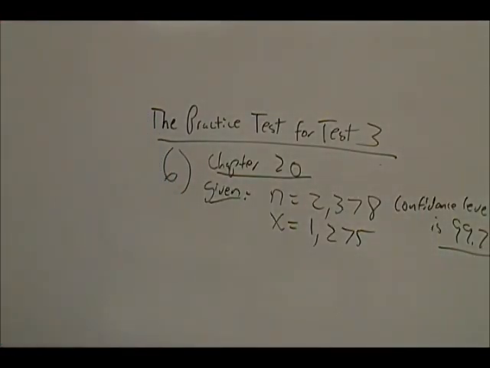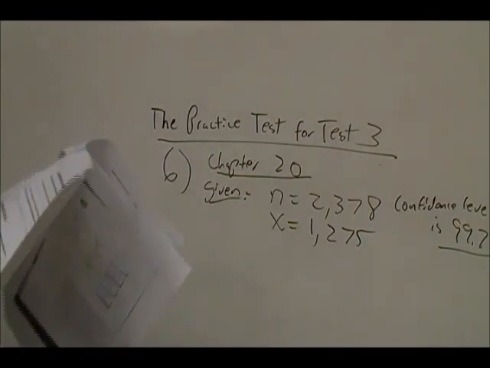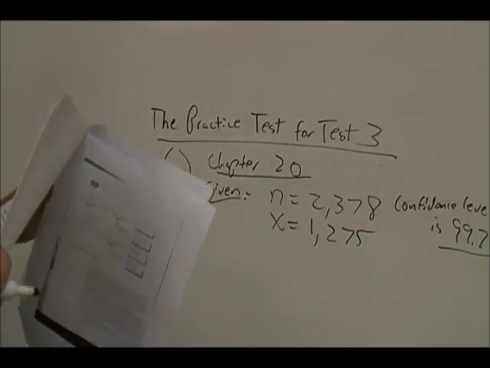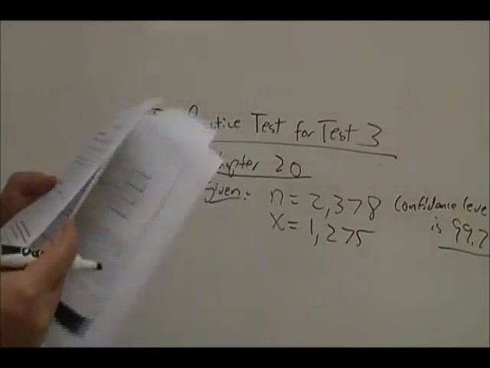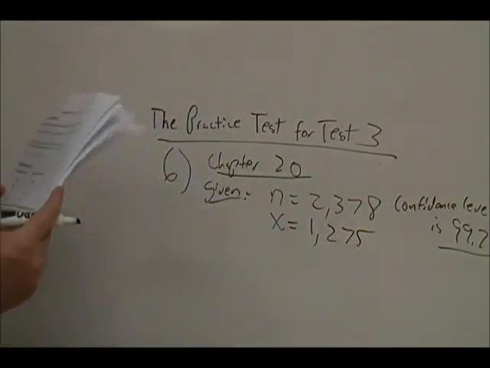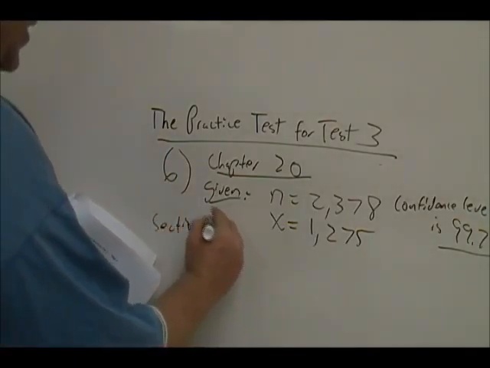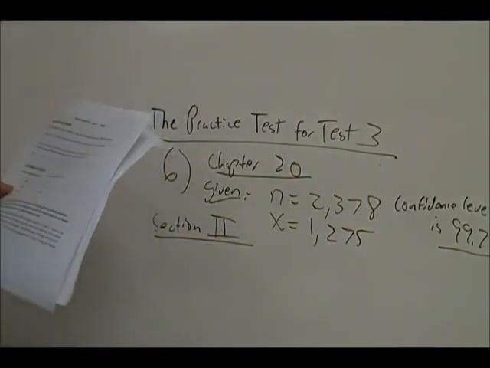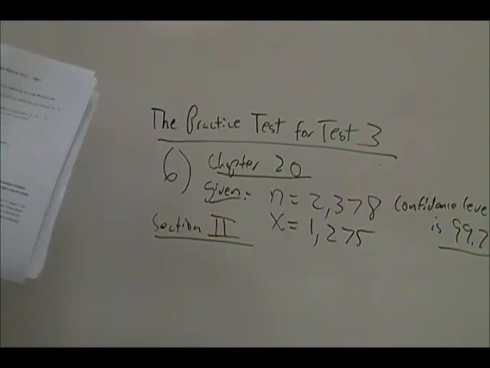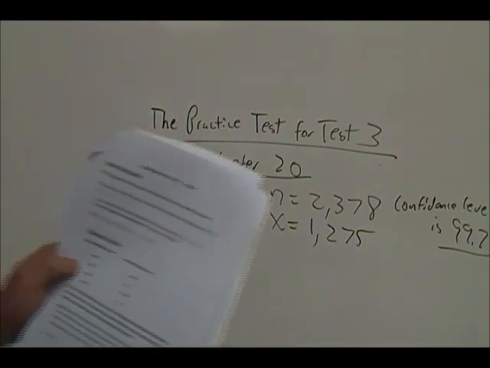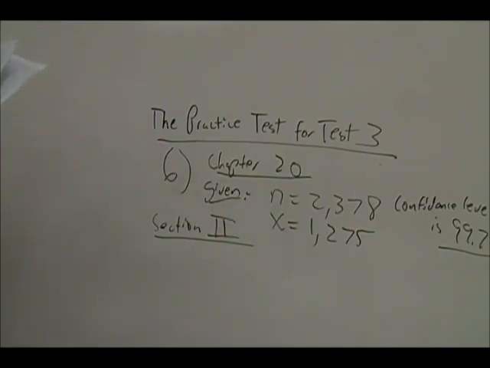Now we're going to go to the cheat sheet and use the step-by-step method that has the embedded formulas we need for how to do a confidence interval for an unknown population percentage. So if we go to the cheat sheet, look in section 2, we see that, first of all, they give you a chart in there that tells you the different corresponding critical values, Z alpha over 2, that go with the various confidence levels.